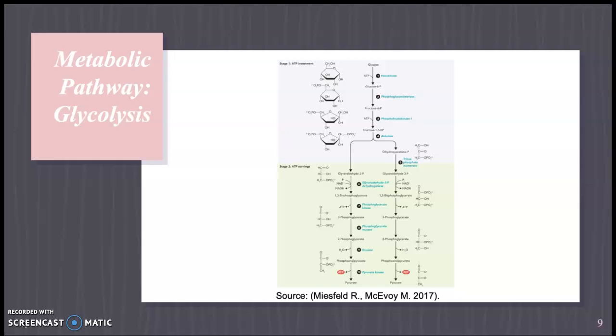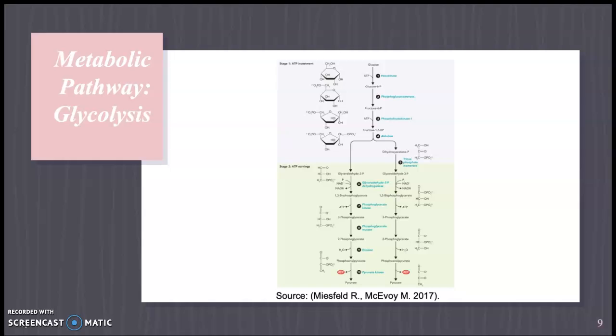In step 9, the 2 molecules of 2-phosphoglycerate are converted to 2 molecules of phosphoenolpyruvate using enolase, and no ATP is produced. In our final step, the 2 phosphoenolpyruvates are converted into 2 pyruvates using the enzyme pyruvate kinase, and this step produces 2 ATP molecules.